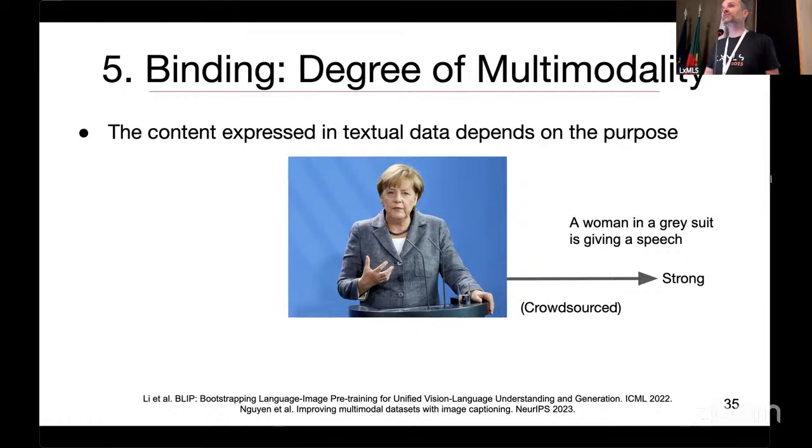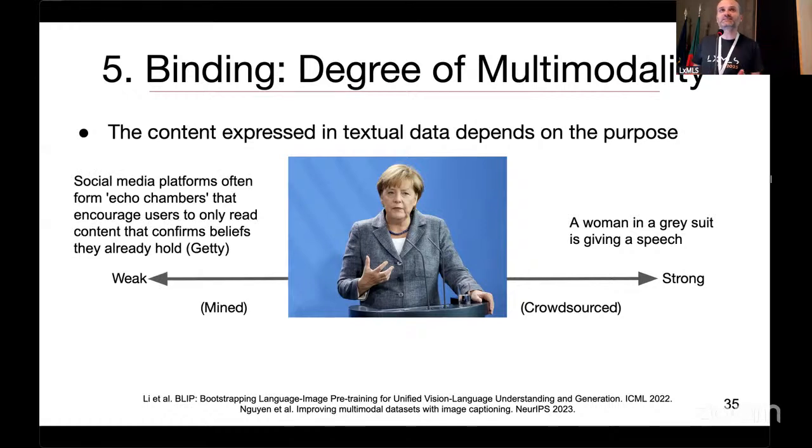The only thing that's not described is the background behind her, which doesn't seem interesting. Maybe the fact that she's wearing a necklace or that she has a glass of water near her. The sentence that appeared alongside this image in the world also doesn't mention the name of this person.